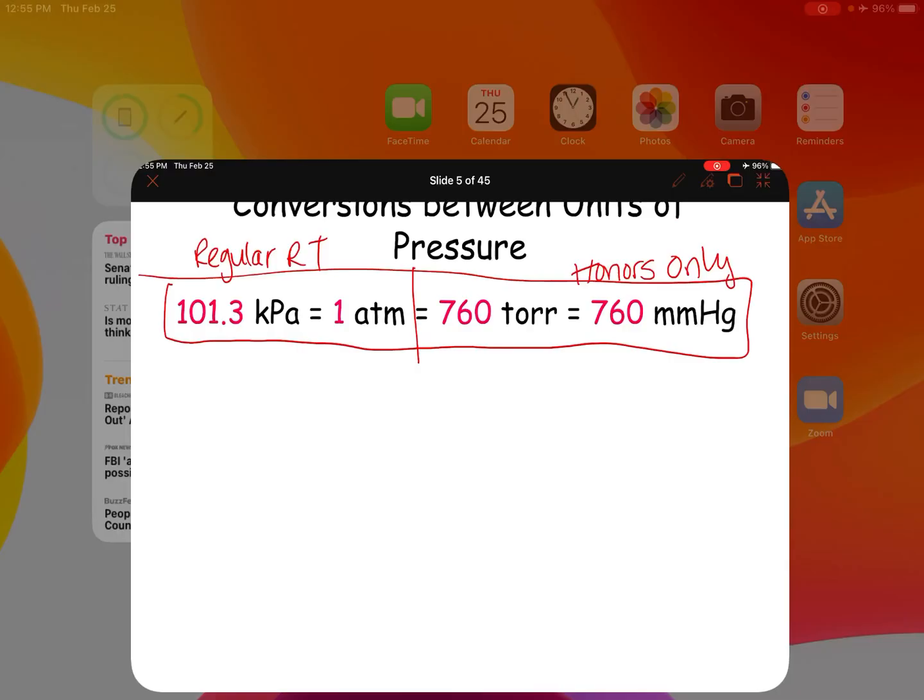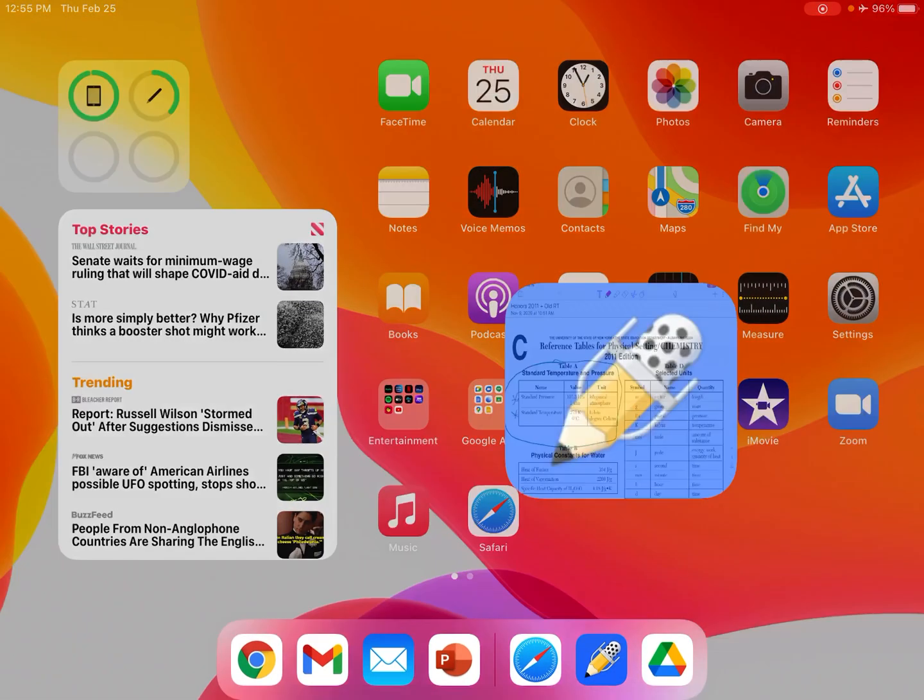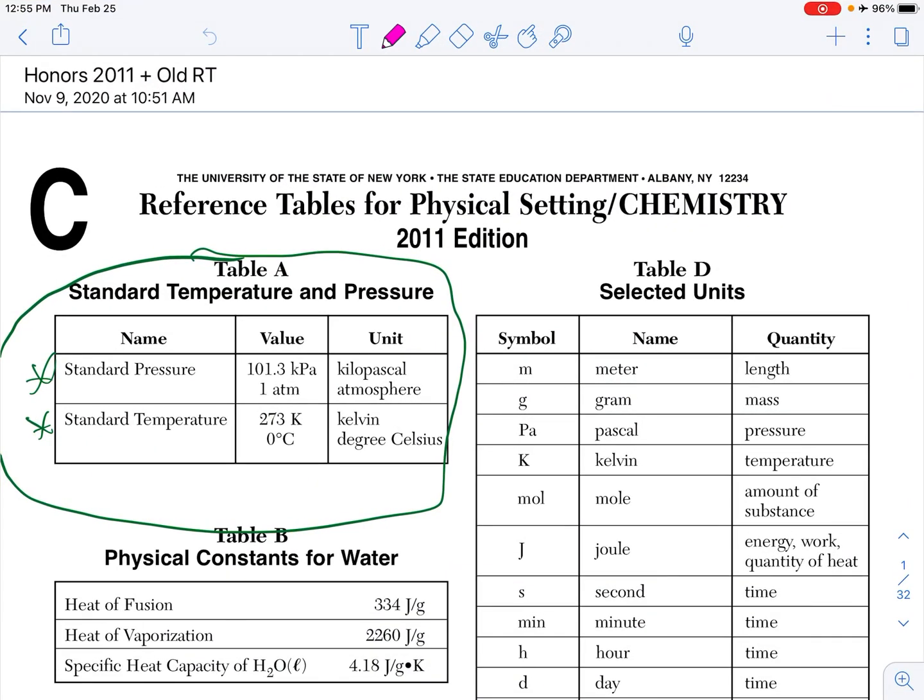Let me just show you for a second. So here we are on the regular reference table. You see here, standard pressure is in kilopascals, 101.3, and atmospheres, which is 1. That's standard pressure.